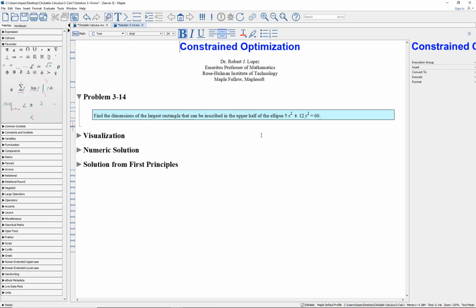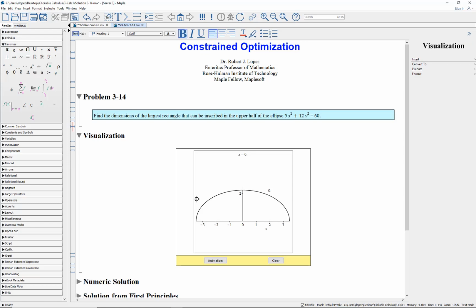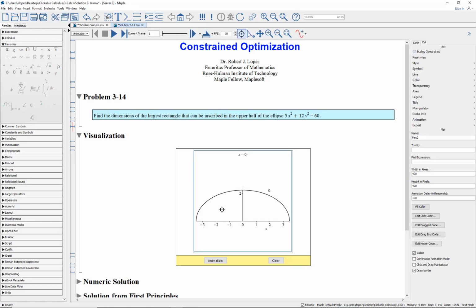So there is the ellipse, and we want to start with a picture. Here's the picture. We have the upper half of the ellipse. This is an animation. What the animation shows is a rectangle in red.